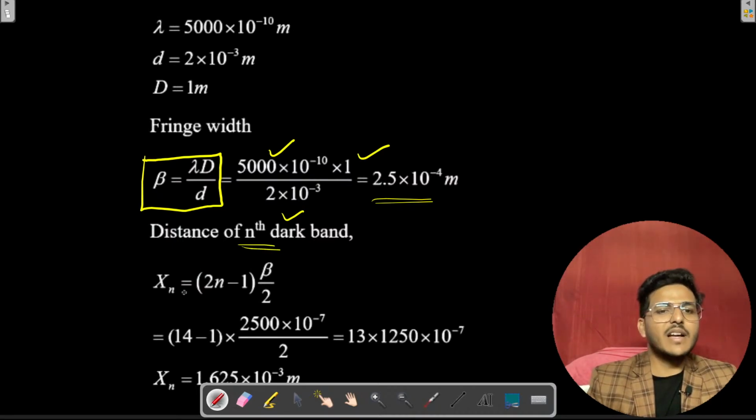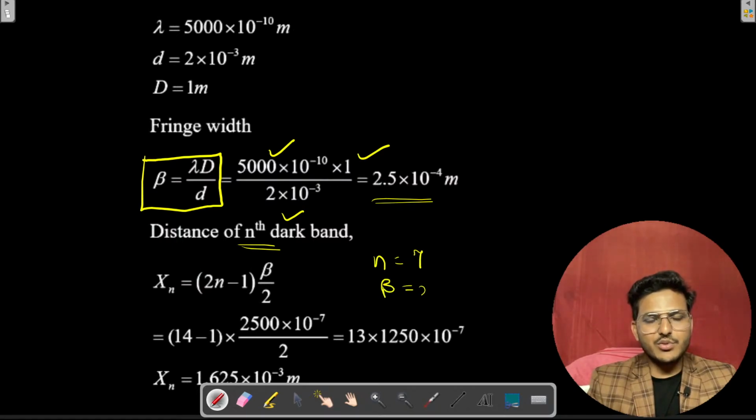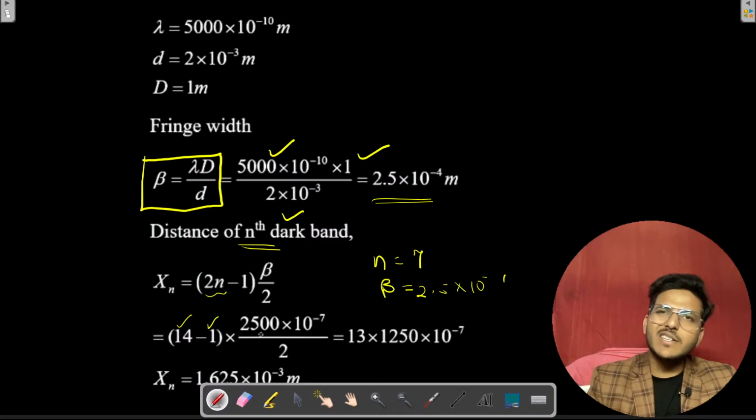And what about the 7th darker fringe? The distance of the nth darker fringe is x_n equals (2n minus 1) beta upon 2. Here n equals 7 and beta equals 2.5 into 10 to the power minus 4. So this is 2 times 7, that is 14, minus 1, times beta, which is 2.5 into 10 to the power minus 4, or you can say 2500 into 10 to the power minus 7.